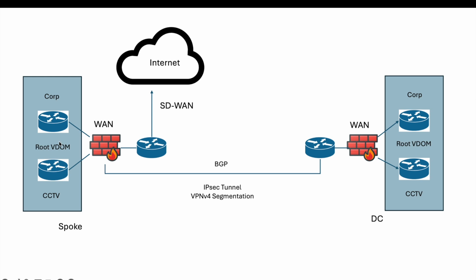Now the challenge there is that in order to share routes between these, depending on the size and the scale of the network, we then rely on using route maps and prefix lists and route map combinations in order to determine what gets leaked into what VRFs. And then, of course, we've got to overlay those with policies.